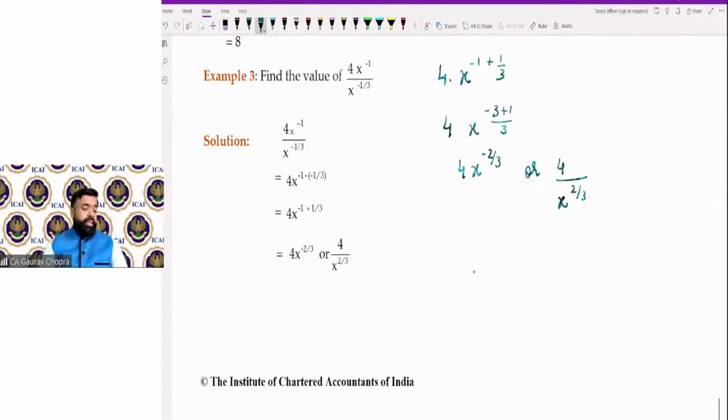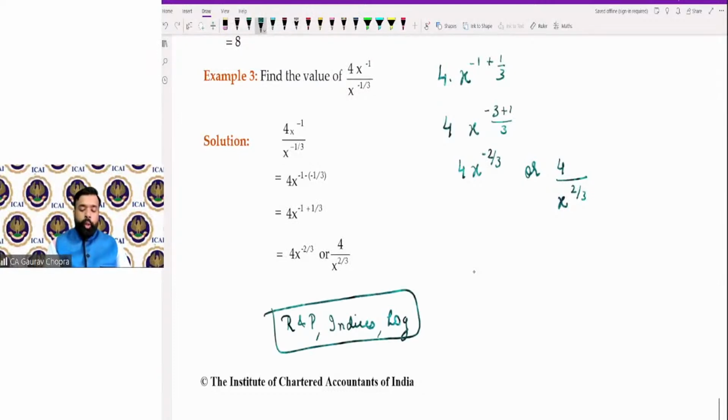Okay, Palak is asking what is the weightage of the chapter. See, the whole chapter, which comprises ratio and proportion, indices, and logarithm, on an average, these 3 topics jointly cover 4 to 5 marks.